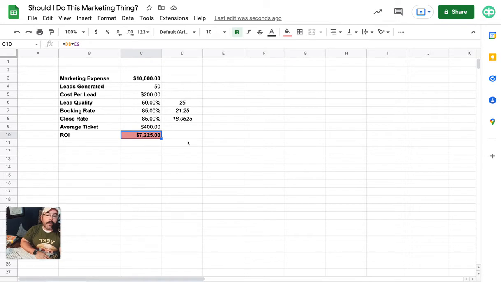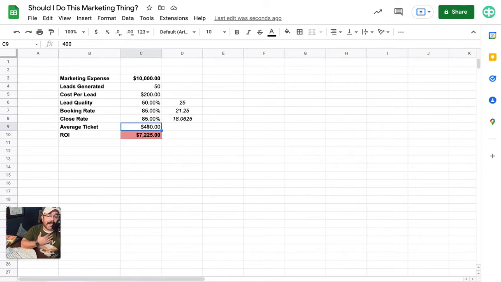So if you get a cost per lead of $200, half of them are trash, you're booking most of them like rock stars, and closing most of them like rock stars, but your average ticket price is low, you have a huge problem here, right? You're going to have a hard time recouping this cost.